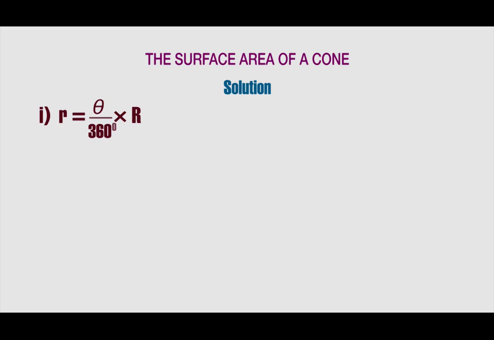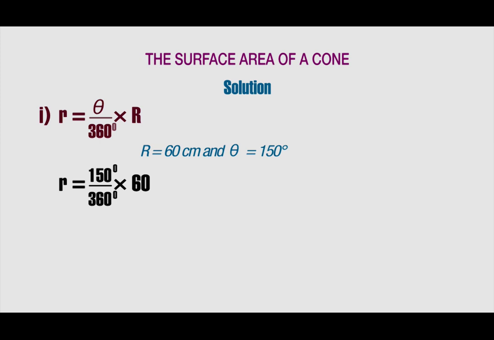The relationship between the base radius small r and the radius of the sector big R is given by small r equals theta divided by 360 multiplied by big R. From the question, big R is equal to 60 centimeters and theta is equal to 150 degrees. If you do the appropriate substitution, then we have r equals 150 degrees divided by 360 degrees times 60. Therefore, our r is equal to 25 centimeters.